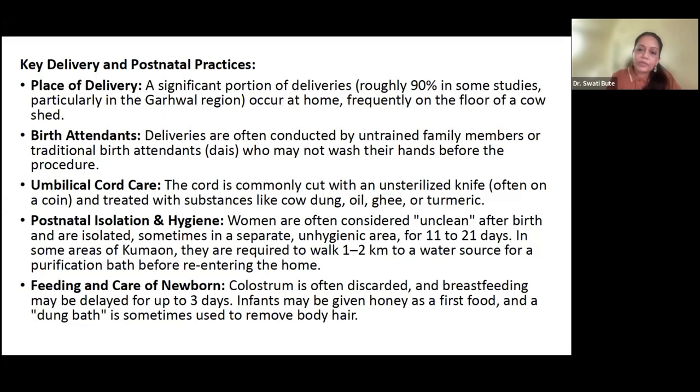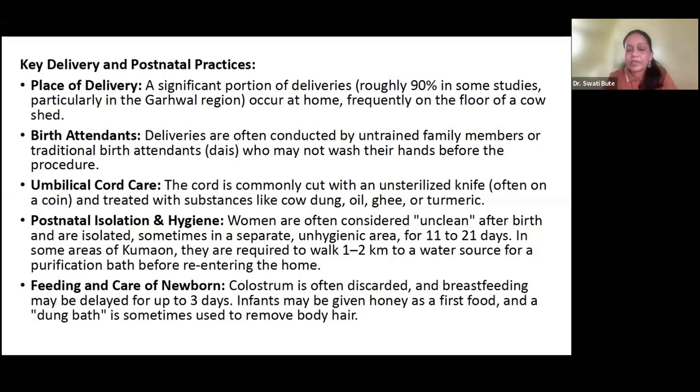These women health workers normally meet rural women and rural people, and they go to people's houses to tell them about the importance of institutional delivery, and what kind of precautions they can follow during the birth of a child, specifically when it comes to umbilical cord care and the practices which local people follow, and postnatal care and hygiene, as well as the nutrition of the mother and the child.